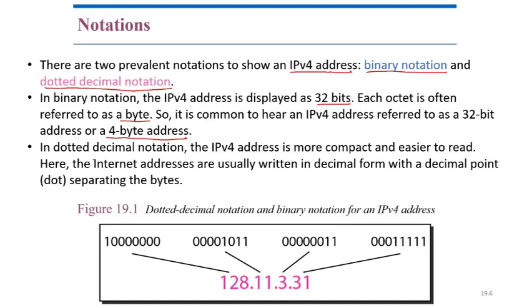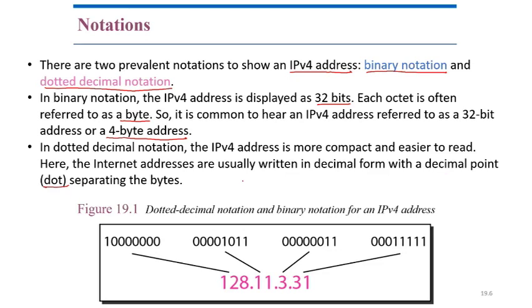Similarly, in the case of dotted decimal notation, an IPv4 address is more compact and easier to read. Internet addresses are usually written in decimal form, with a decimal point, that is a dot, separating each byte.